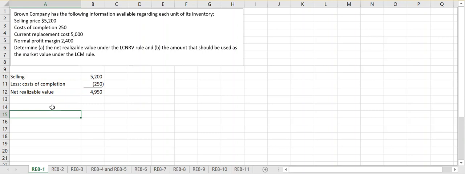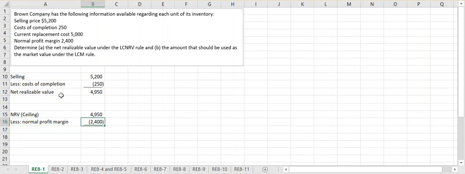So we already know our net realizable value. Our net realizable value, commonly known as our ceiling, we just calculated above, which was the $4,950. Your selling price minus your cost of completion. To get our floor, we take our net realizable value, or our ceiling, and we subtract away from that the normal profit margin that we have. And they give us that our normal profit margin is $2,400.